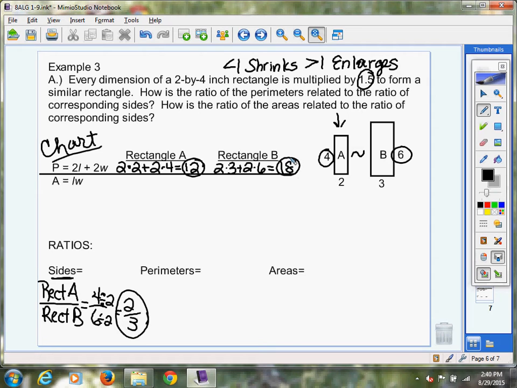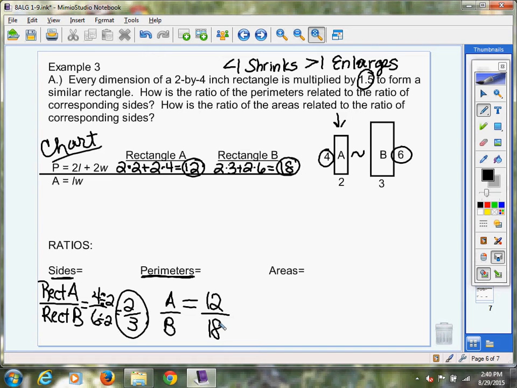Okay, so let's go down here to the ratio right here. Perimeters. We now know the perimeter for A is 12, and we know the perimeter for B is 18. 12 over 18. Now let's reduce that just like we did for the sides.